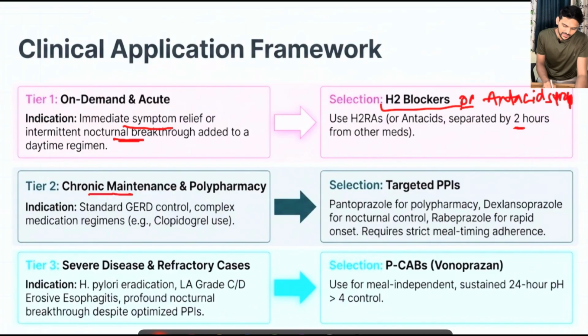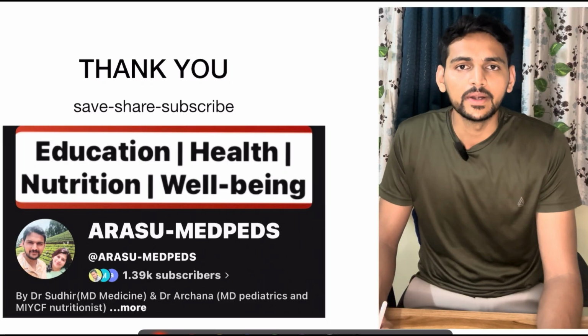And for chronic maintenance therapy or if the individual is on polypharmacy, always go ahead with PPIs. This is the standard practice everywhere. Whereas if the individual is having severe disease or for refractory cases, try with the newer medications, that is PCABs, vonoprazan. So hope you have understood these commonest used antacid medications.